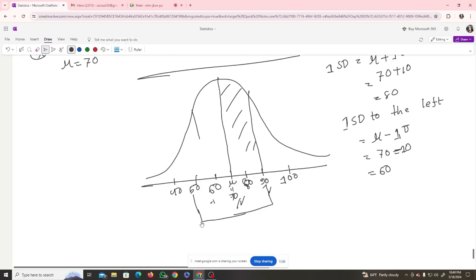I mean, if I use a different color to make you understand more, this part to this part. In this area, 95 percent of the dataset falls, which is two standard deviations from the mean.